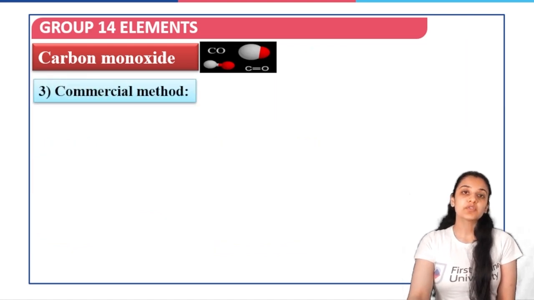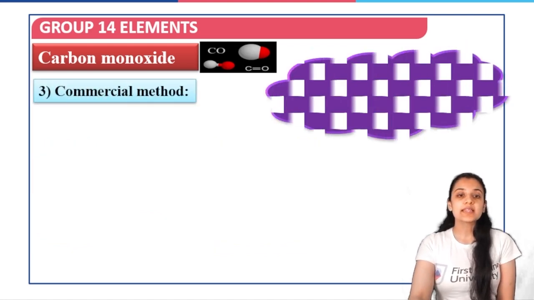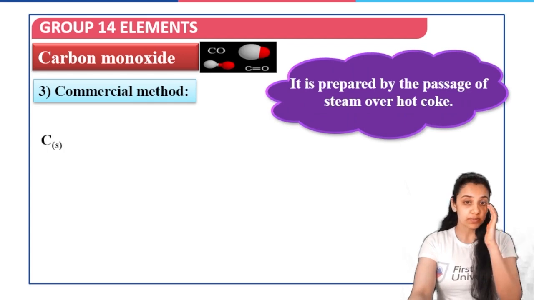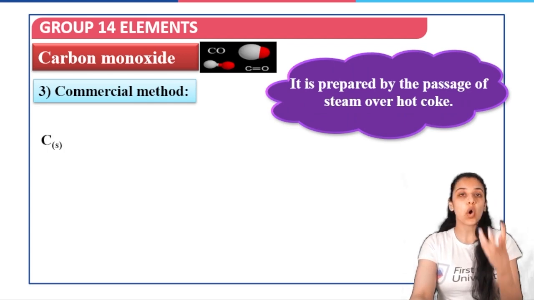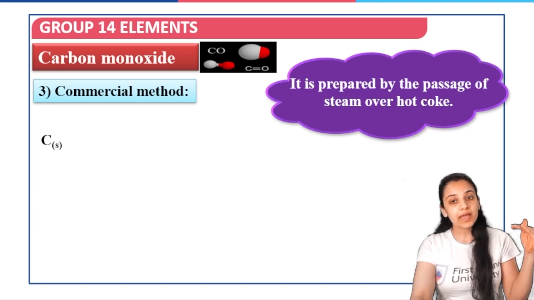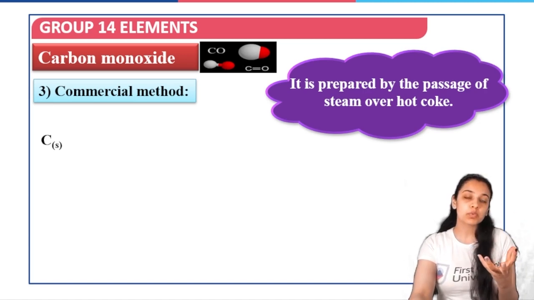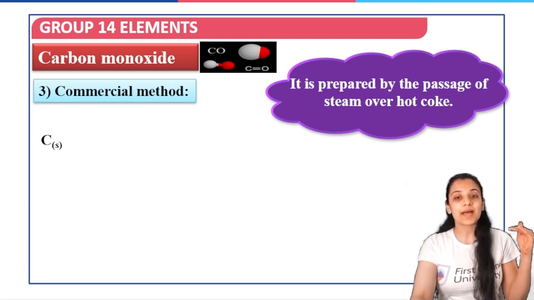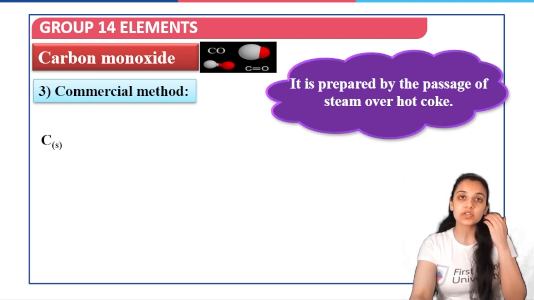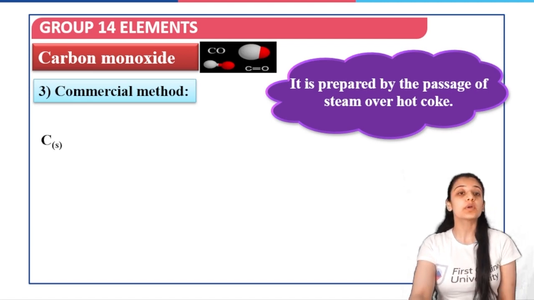The third method for the preparation of carbon monoxide is the commercial method. In the commercial method, we have hot coke, and carbon monoxide is prepared by the passage of steam, that is, boiling hot water over hot coke.